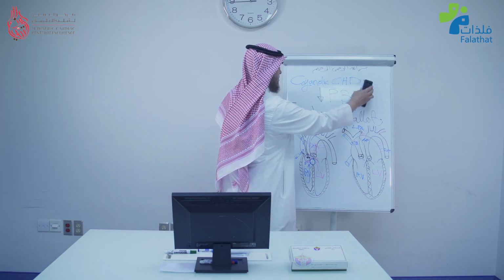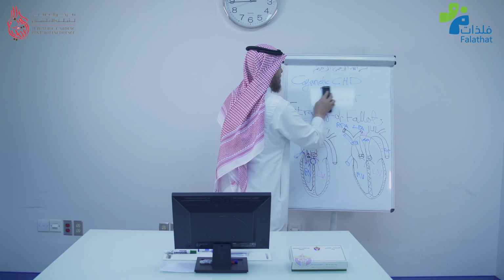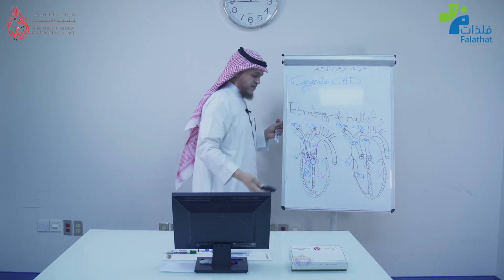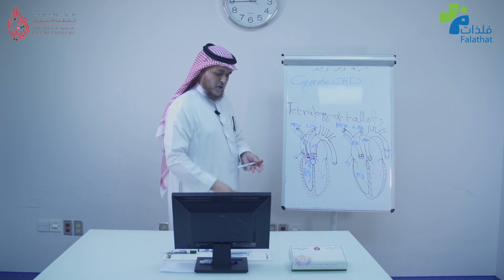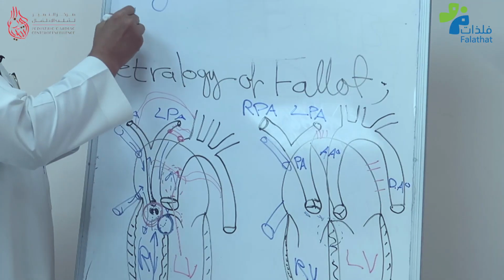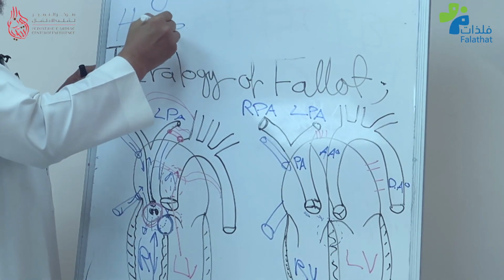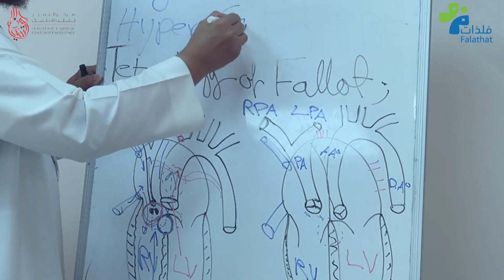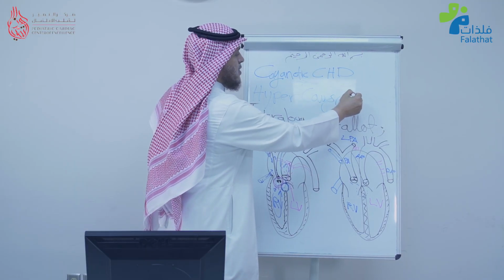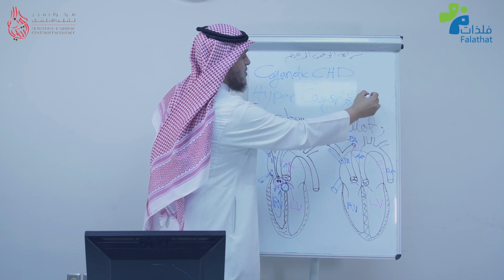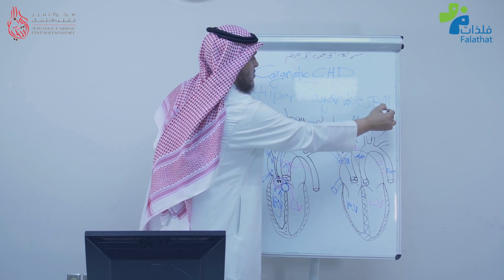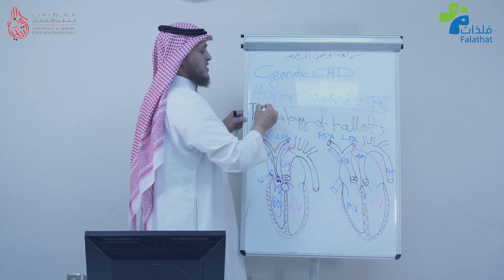hypercyanotic spells. Let me just take this part out to be able to write. So Tetralogy of Fallot may have what we call a hypercyanotic spell. What is that? What's a hypercyanotic spell?